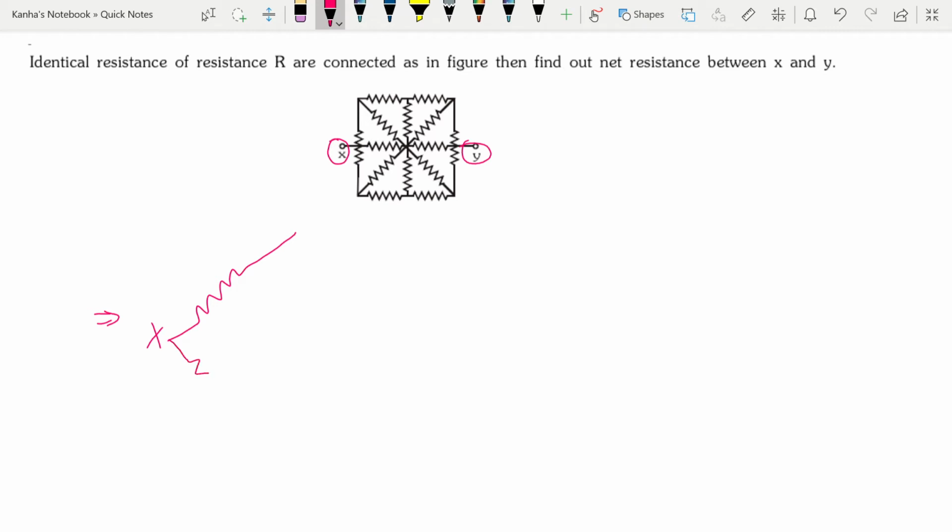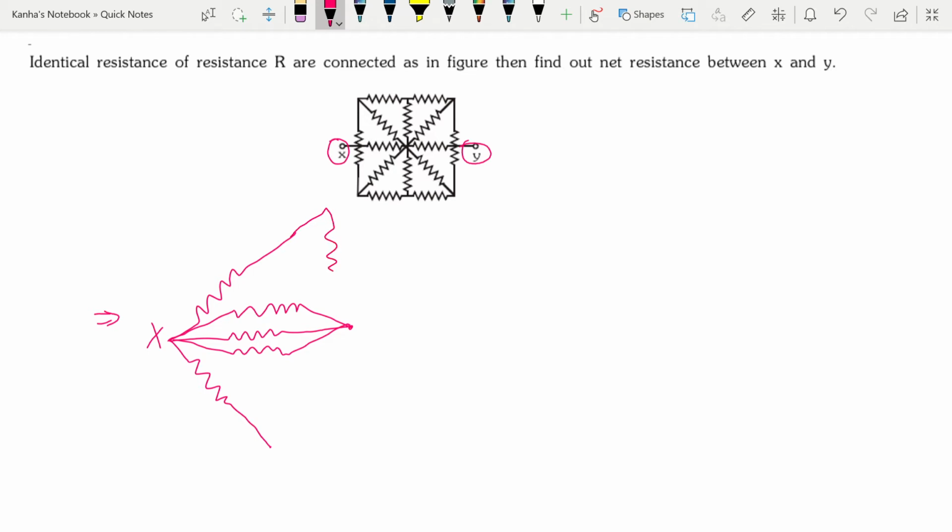I have another resistance going to some other point. Then I have from here 3 resistances in parallel to a point B.